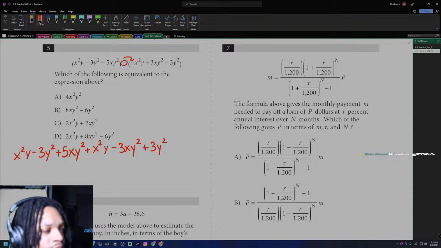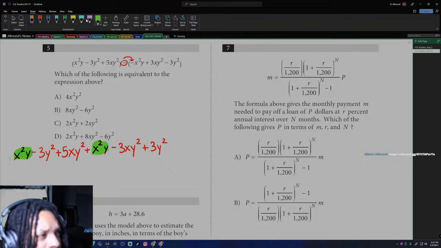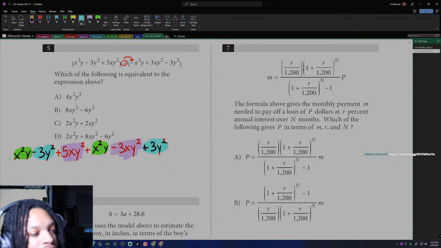Combine like terms, let me see. So I'm going to highlight them for y'all. So I got boom, boom, and that's it, because those are the only x squared y's. And then I have an xy squared term, or two of them, xy squared. And then I got y squared as well, which actually are going to cancel out. I got a negative 3y squared and a positive 3y squared.